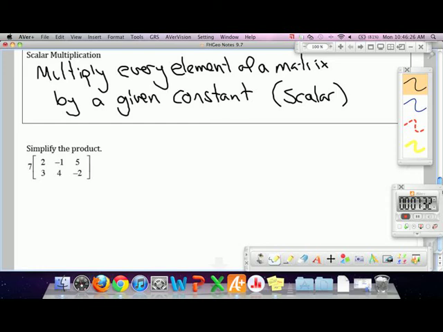If I want to perform this scalar multiplication, I'll just take every element in this matrix and multiply it by the scalar in front, by 7. 14, -7, 35, 21, 28, -14.